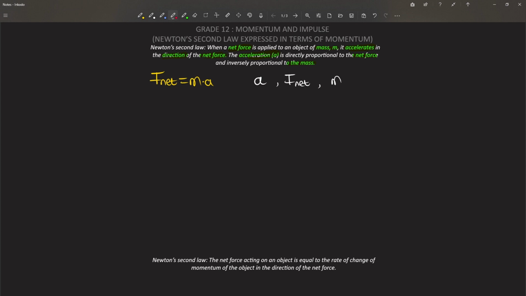Let's make acceleration the subject of the formula in this equation. We will have F net over mass.